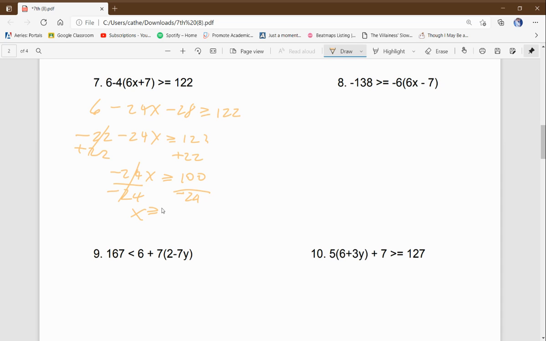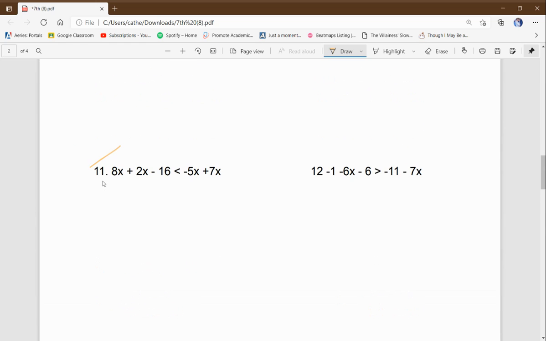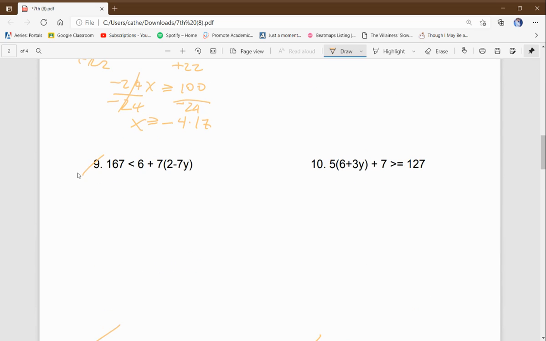These don't come out cleanly, so I'm going to round these to the nearest hundredth. So that would be negative 4.17. Okay, we won't do these last four.